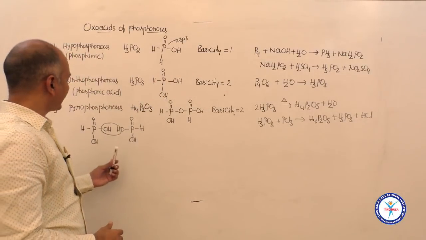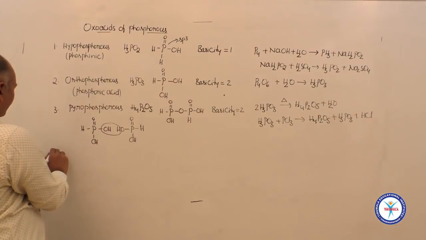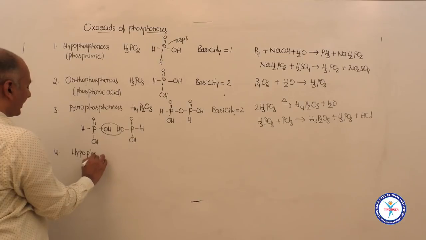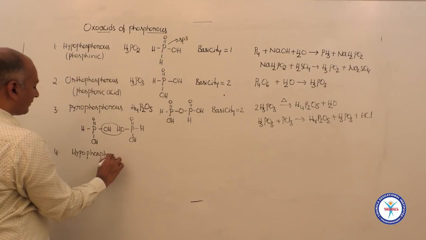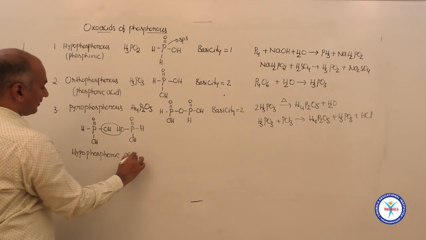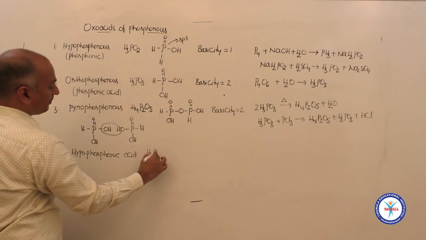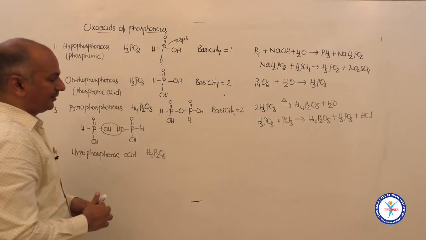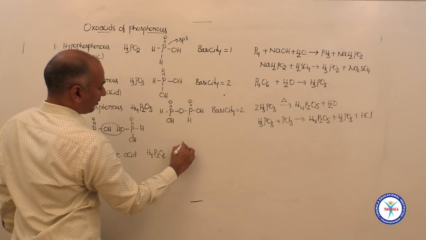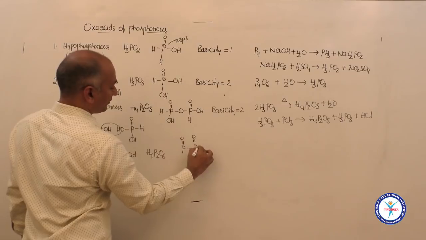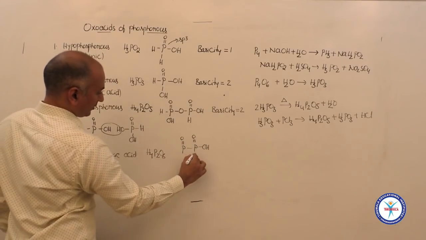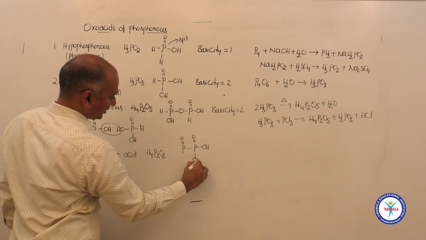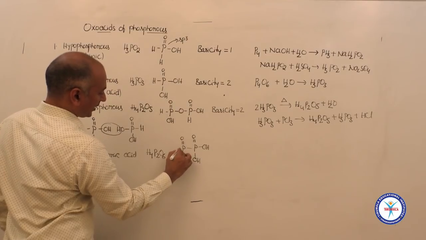Okay, if you come to the next acid, that is hypophosphoric acid. And it is H4P2O6, hypophosphoric acid. And its structure is P double bond O, P double bond O, OH, H, O, this is also OH, OH and OH.